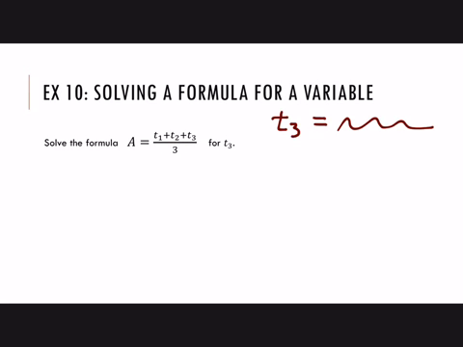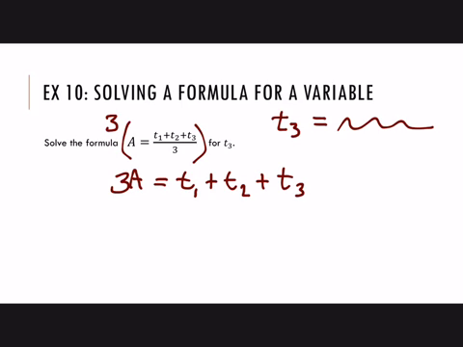Alright, so let's clear that 3 first, and that's kind of a good idea just in general when you have fractions. Might want to try to clear those. So if we multiply everything by the least common multiple of the denominators, which is 3, then you get 3A equals T1 plus T2 plus T3.